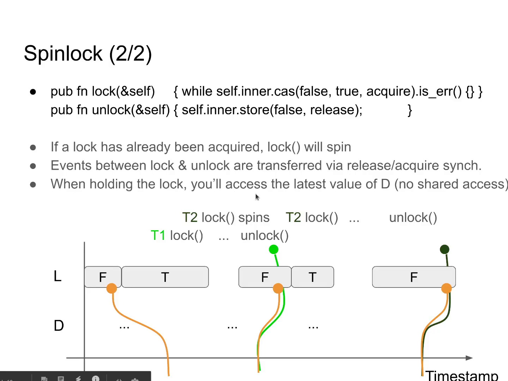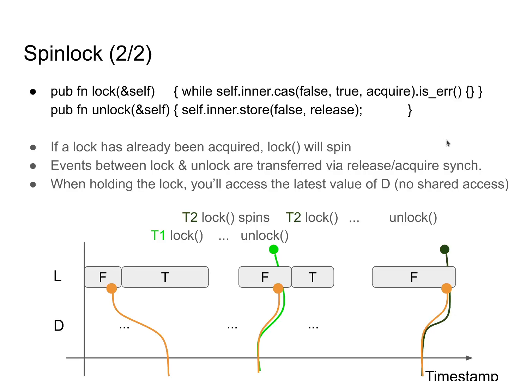When holding the lock, you'll access the latest value of D, and also the false message is holding the latest value at that time. So that is basically the reason why lock and unlock satisfy the guarantee, the mutual exclusion, and the fact is explained in this promising semantics using this diagram.